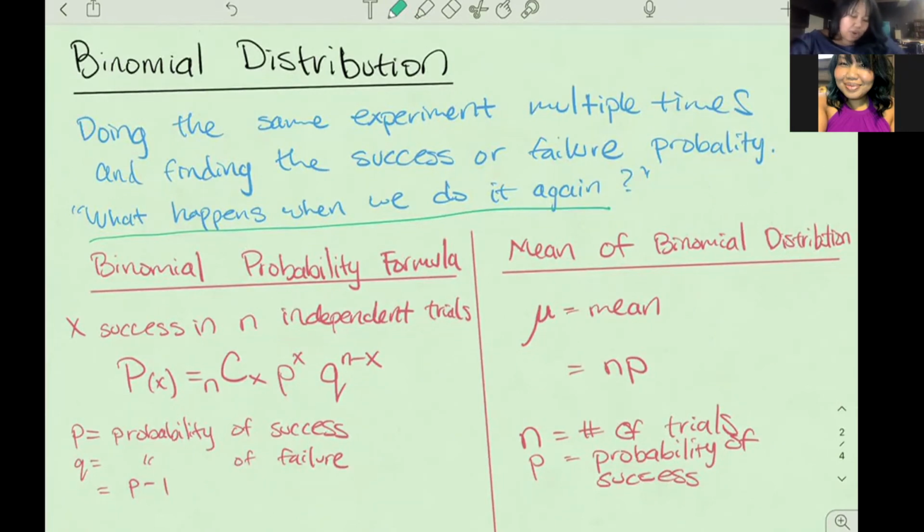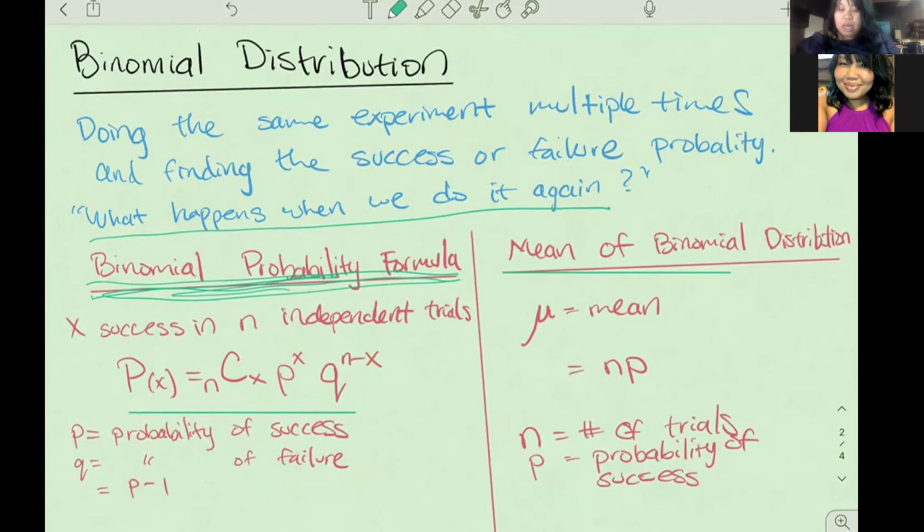So we're figuring out the x successes in n independent trials, and here's the equation for the binomial probability formula. This is how we find the binomial probability, and on the bottom is the mean of the binomial distribution, to figure out the average of all of the trials together.